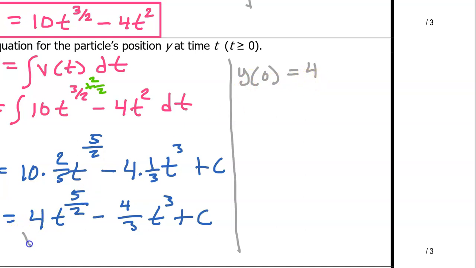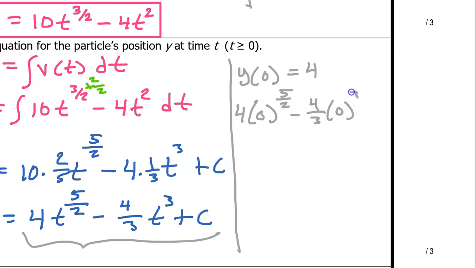However, this is my position function right here. So if I want to calculate the position at time 0, I'm just going to put 0 in for these t's. We could do that in our heads, but I'm just going to show this for the AP graders so they can see my genius at work. And this is all equal to 4.